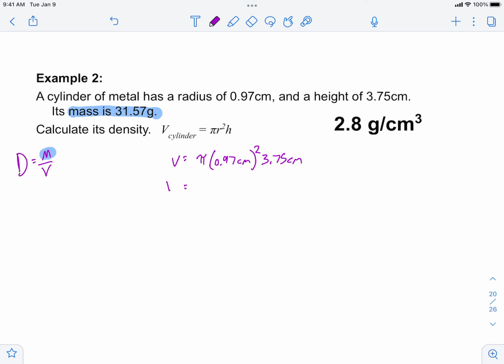Okay, so the volume of the cylinder comes in at 11.08471698. Now, when I calculated the volume, the types of operations that I used were exponents, squaring, and multiplication, right? Everyone see that?